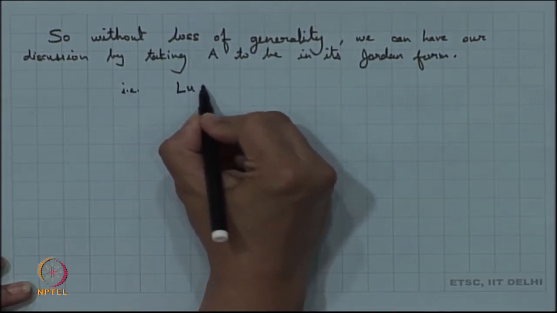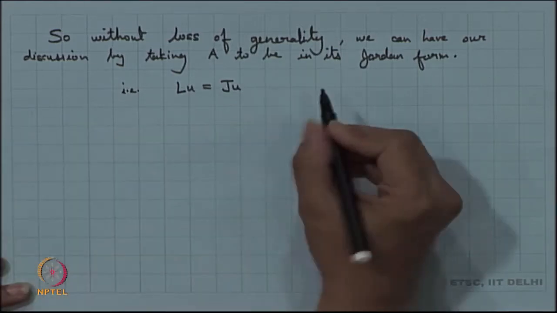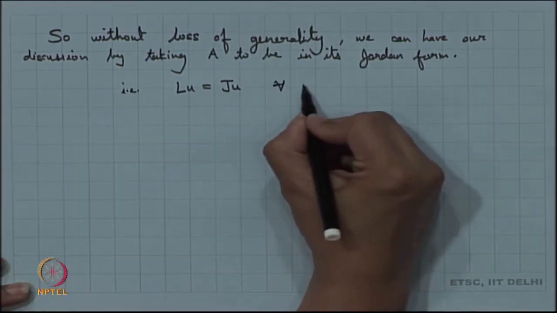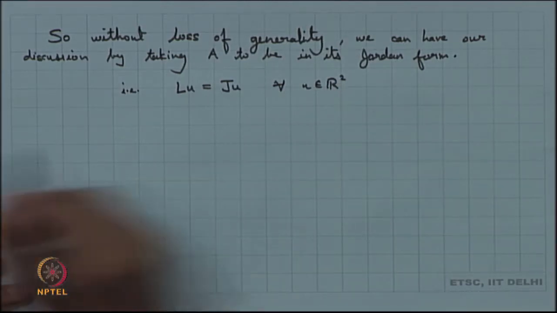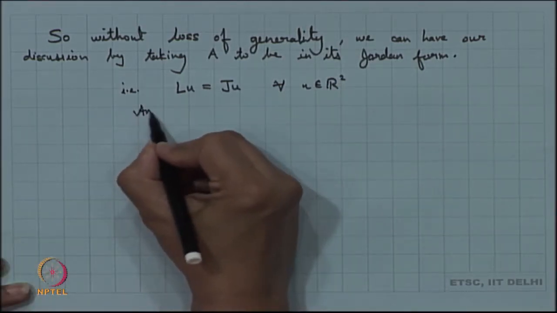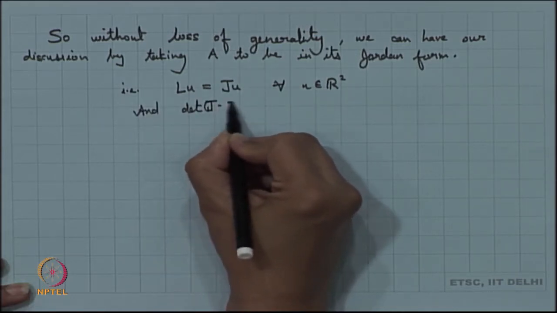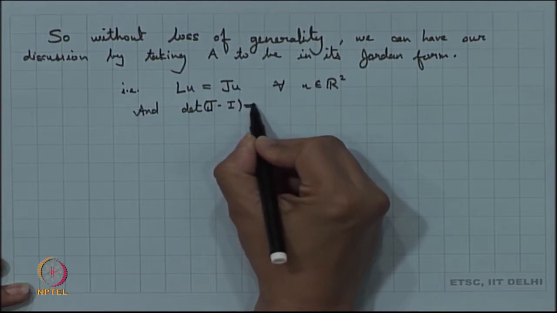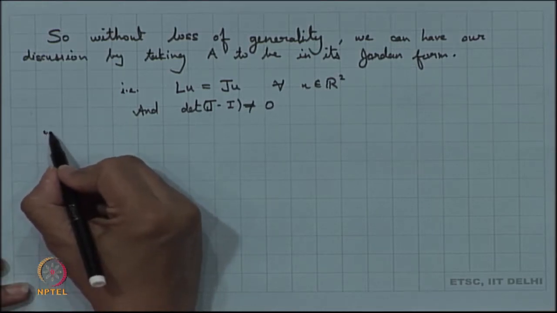so our L of u is basically J u, where J is a Jordan matrix, for every u in R square, and other than that we are putting up the condition that the determinant of J minus I is not equal to 0. That means J minus I is invertible, and that means that 1 is not an eigenvalue.